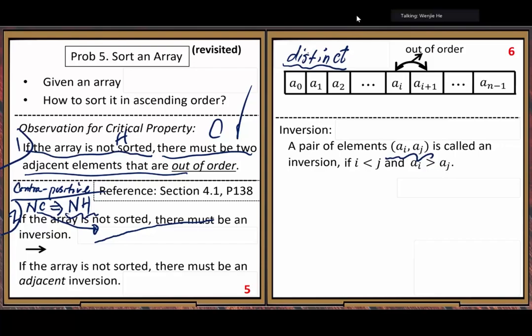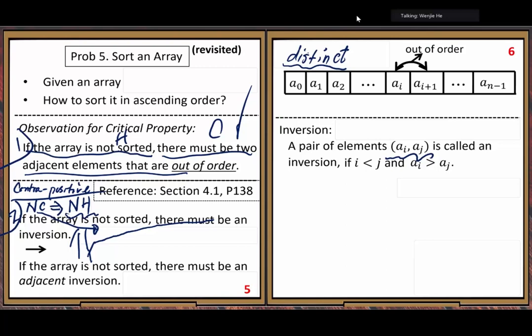Then we write it another way. These two ways are actually equivalent. Although we write them differently, we treat them as having the same meaning. If the array is not sorted, same hypothesis, but we modify the conclusion slightly: there must be an adjacent inversion.